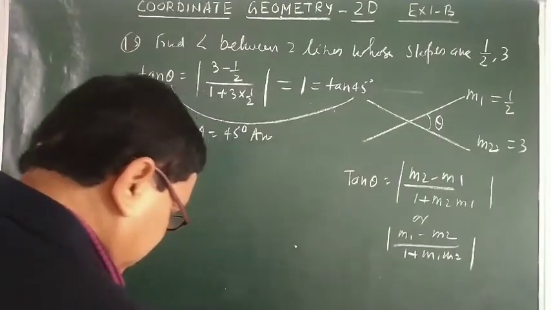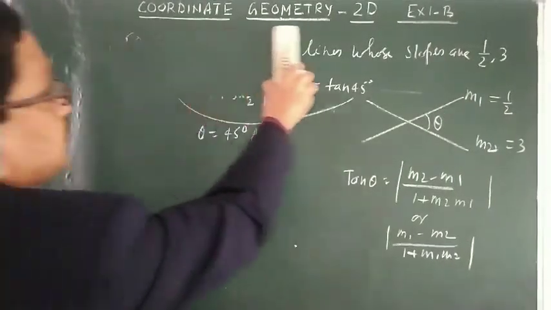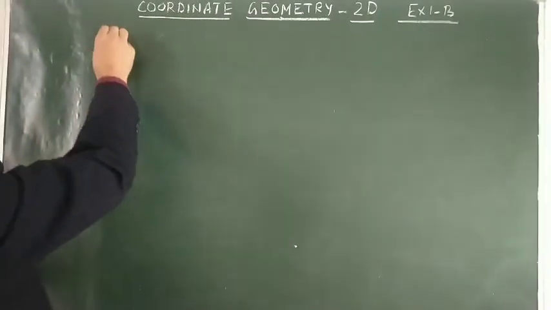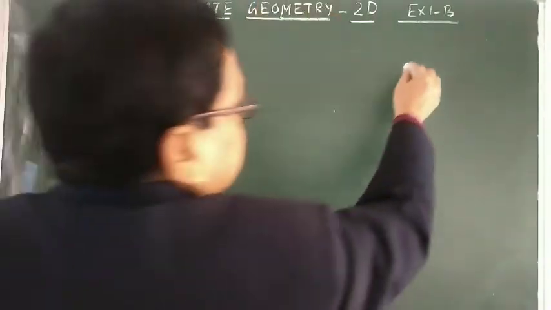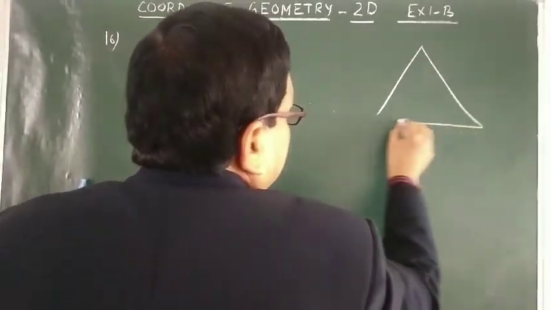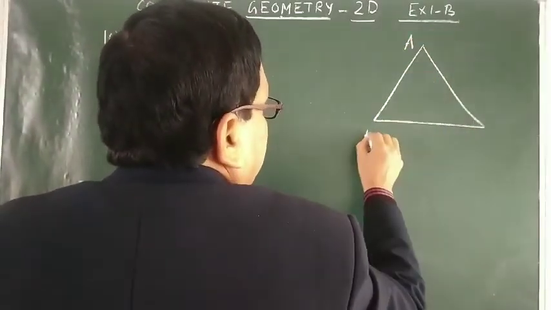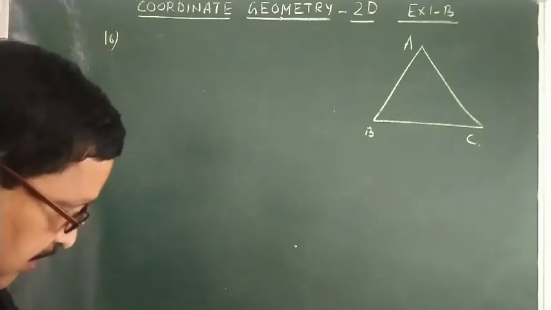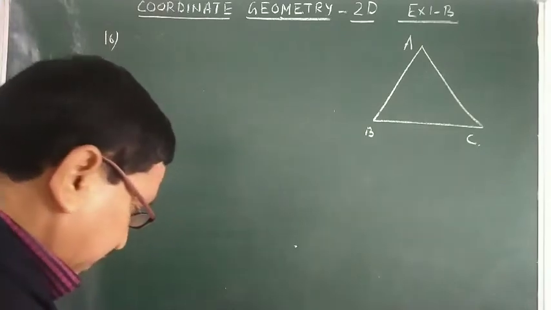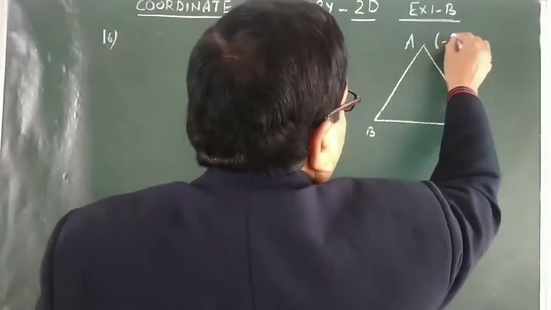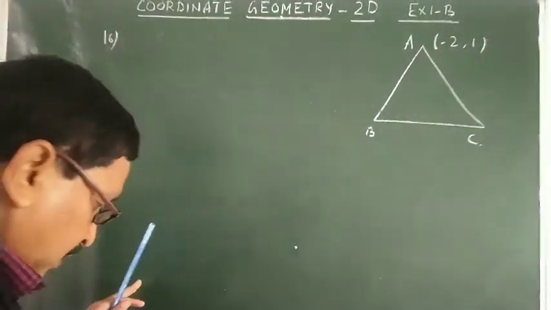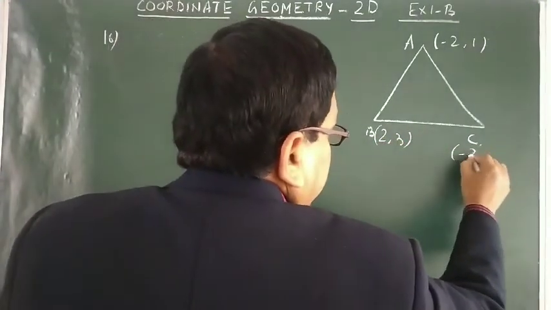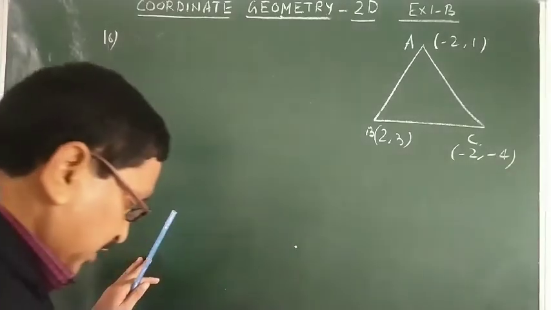Now moving towards the next question. This is question number 16 of the same exercise. There is a triangle ABC and the coordinates are A(-2, 1), B(2, 3), and C(-2, -4).